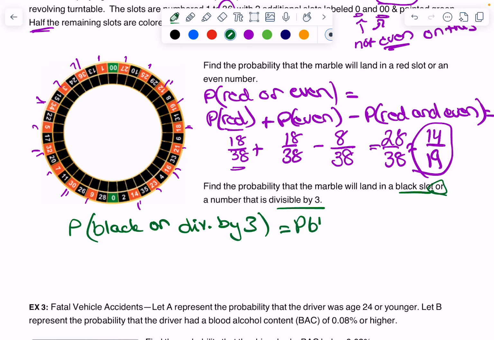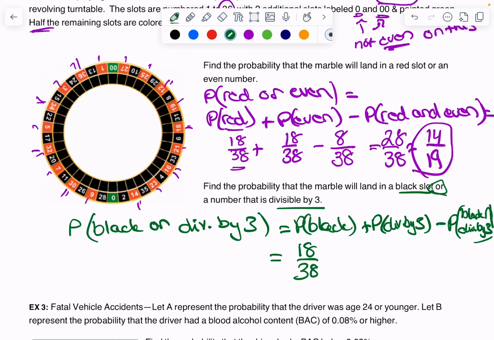So probability of black plus probability of divisible by 3. And we are subtracting the probability of black intersection divisible by 3. Okay, blacks again, we've got the 18 over 38.